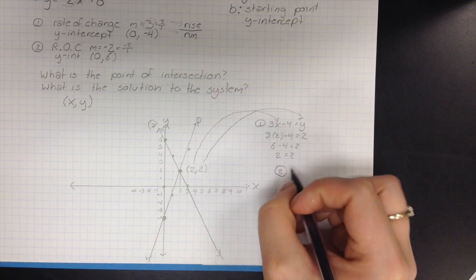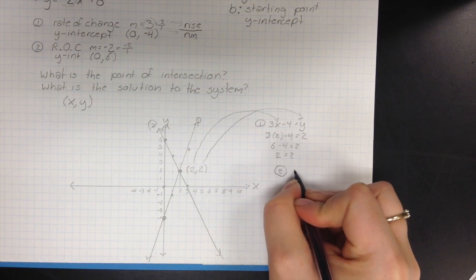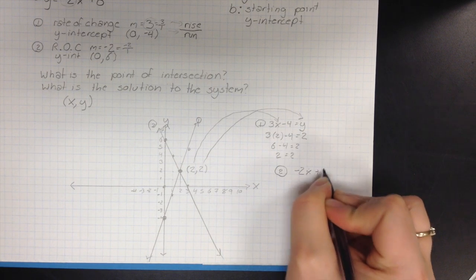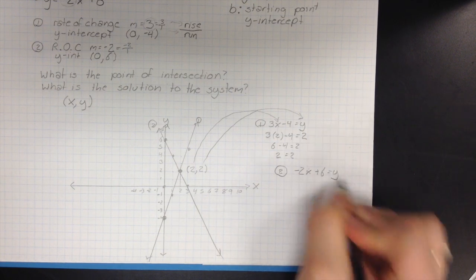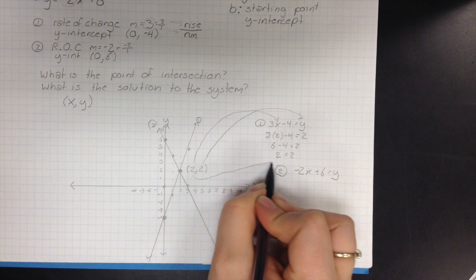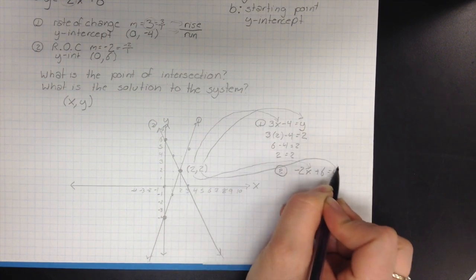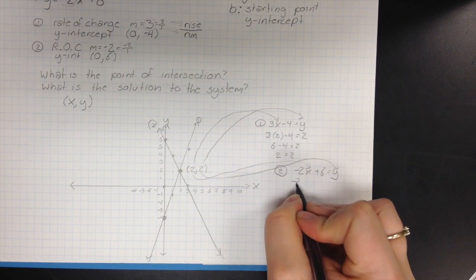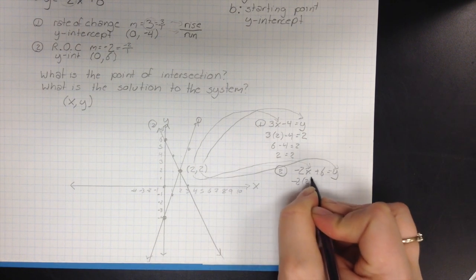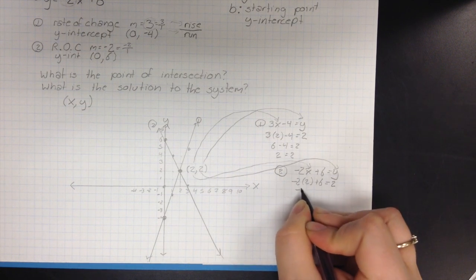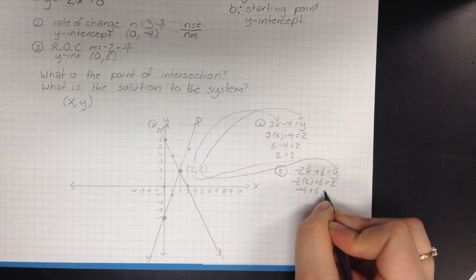I have the equation of -2 times x plus 6 equals y. So if I do the same thing, put that in for my x, and put that in for my y, hopefully, when I simplify this, it will also work. So -2 times 2 plus 6, is that going to equal 2? -4 plus 6.